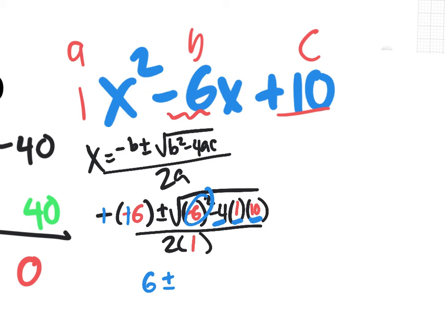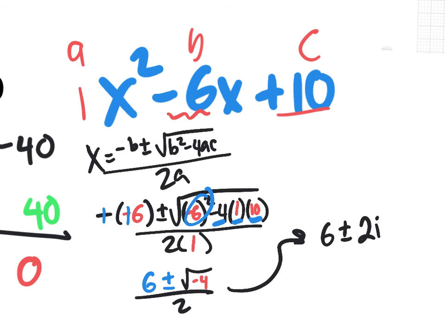So 36 minus 40 gives us a -4 in there. All over 2.